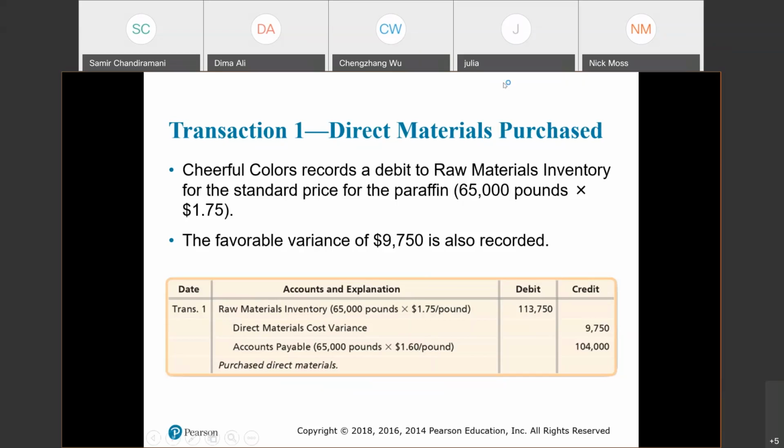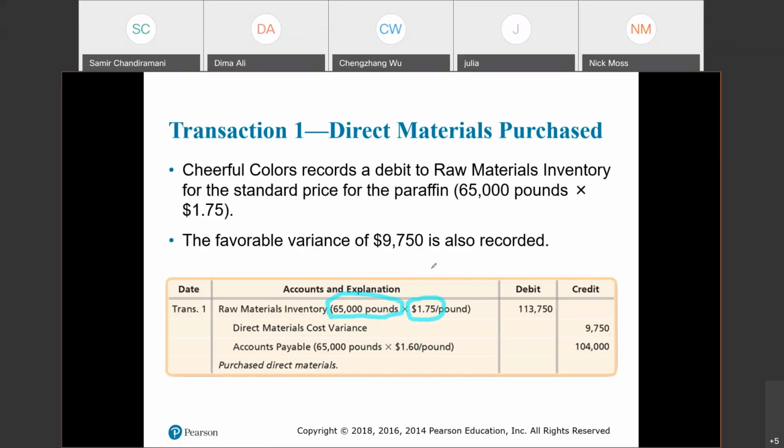So for the debited raw material inventory, the 65,000 pounds should be the actual quantity of raw material purchased, and the unit cost $1.75 is the standard cost.